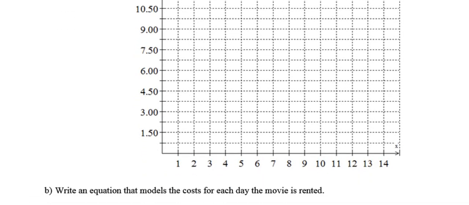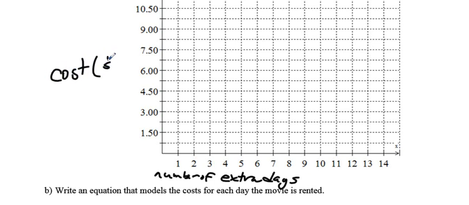So what we're going to do is let our x-axis represent the number of extra days the movie gets rented for. And then the y-axis will represent the cost in dollars.